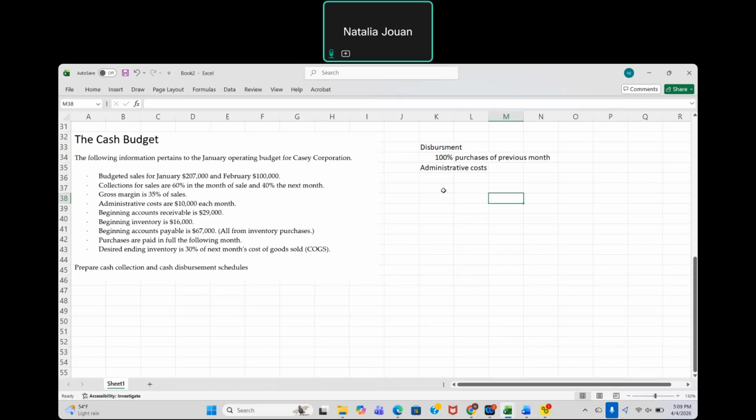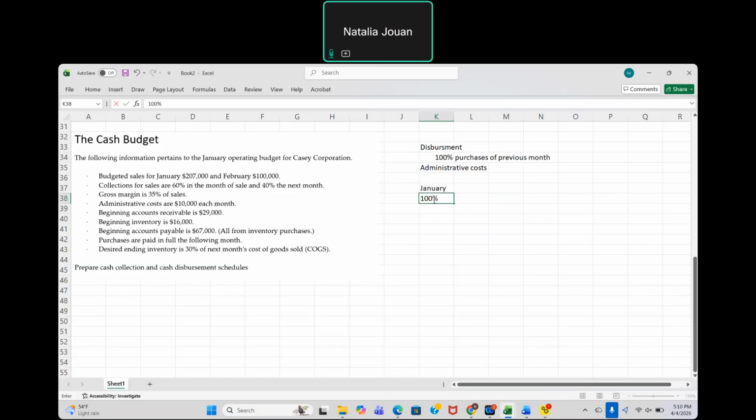All right. Let's do the disbursement in the month of January. So for January, we're going to be paying 100% of what we purchased in December. And guess what? That is going to be sitting in our accounts payable. So let's see what we have. Do we have accounts payable? Oh, right here. Beginning accounts payable, 67,000, and it's all from inventory. How easy is that?